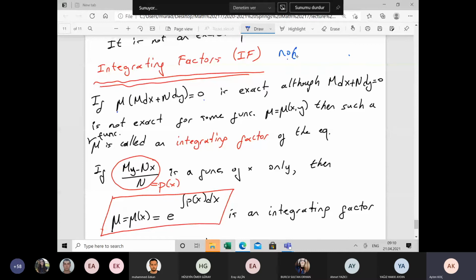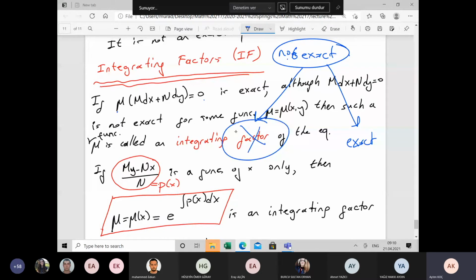If there exists a mu such that mu times this equation gives a new equation that is exact, good, but sometimes it is not possible to get the mu. So if our equation can be transformed into an exact equation, how do we find the mu?